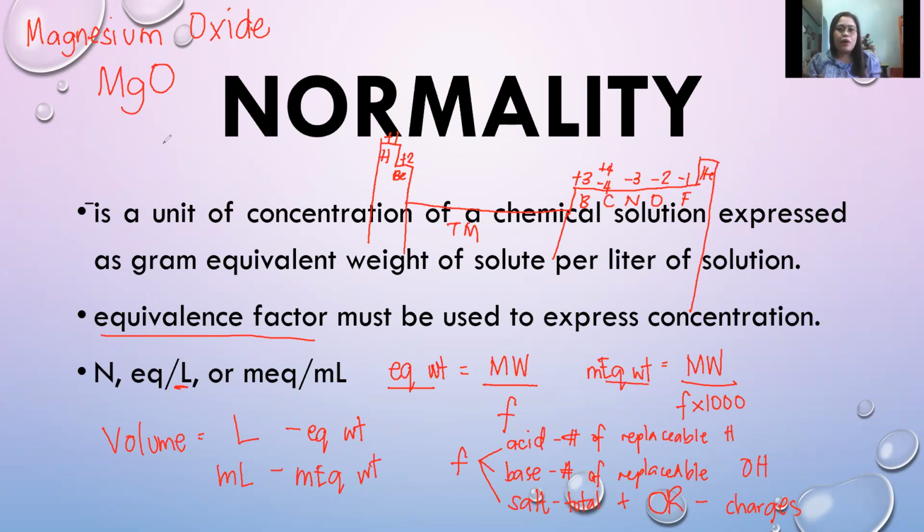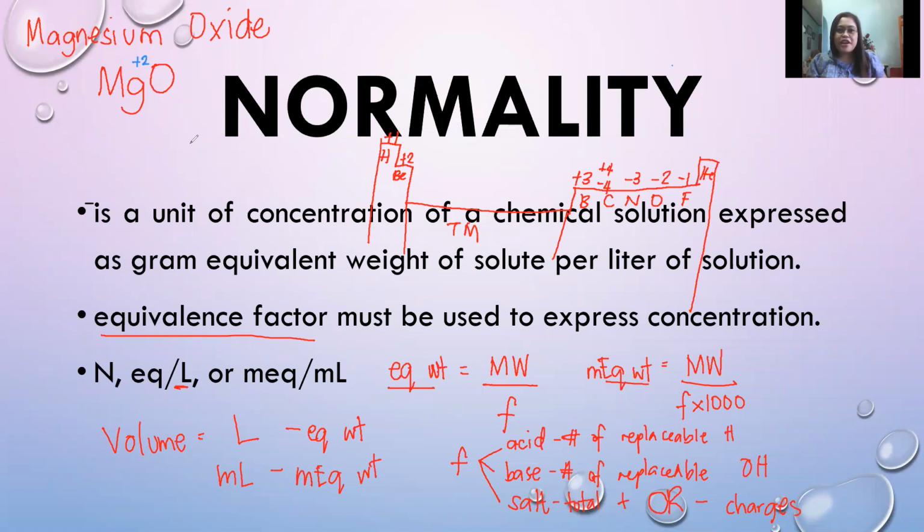So definitely, you have to identify the charge. Are there charges for you to also identify the factor? So, look at your periodic table. Where can we see magnesium? Okay, sa group 2A, which means ang charge ni magnesium kay positive 2.